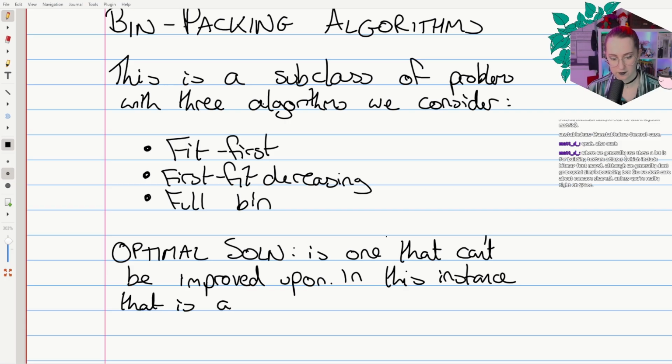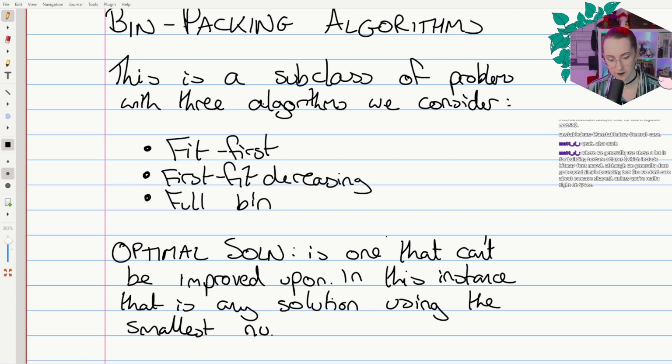That is, any solution using the smallest number of bins. So bin packing algorithms are precisely what they say on the tin. It's trying to put things into bins, into boxes, into groups. And a solution is considered optimal when we use the fewest number of bins.